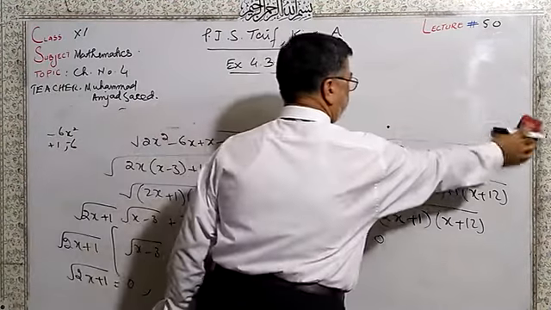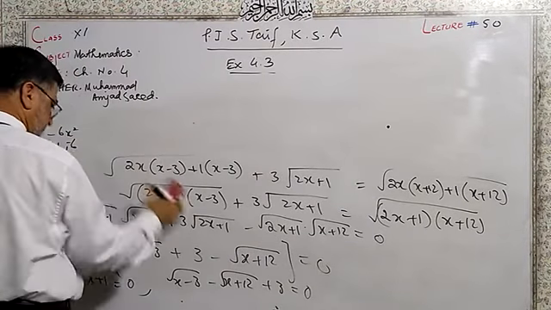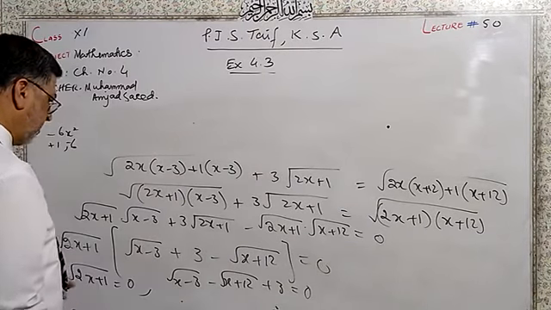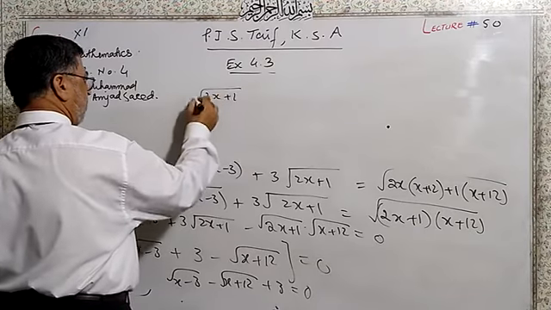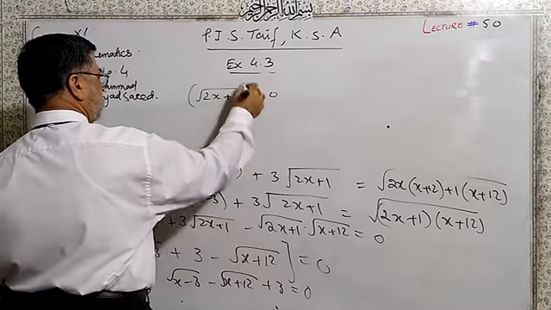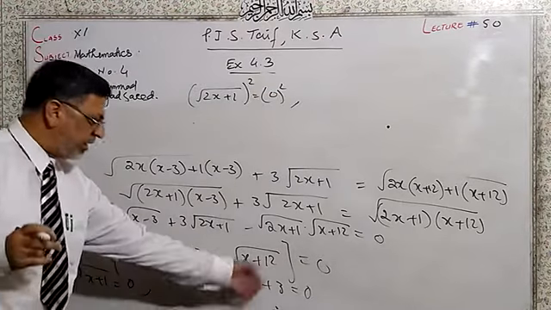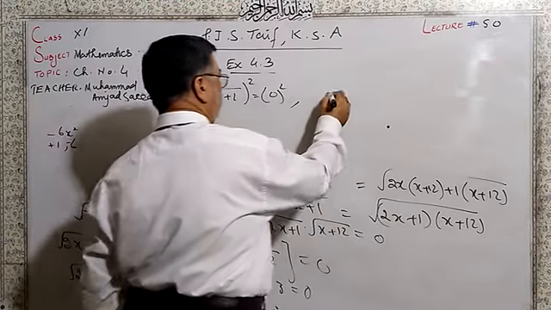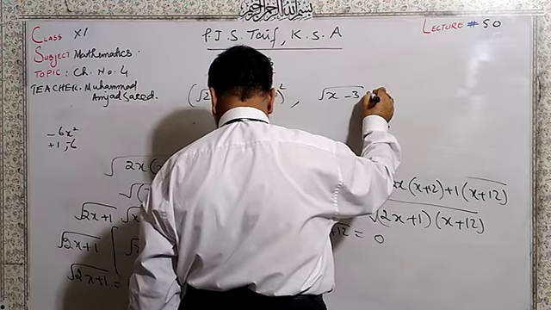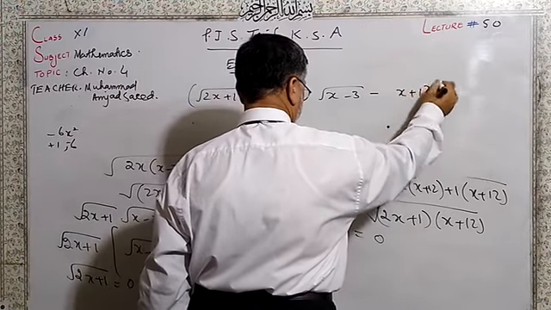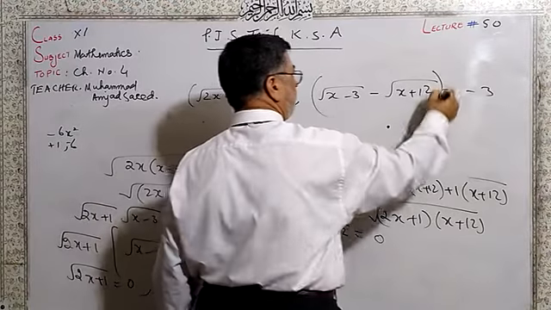So after that we have root of 2x plus 1 is equal to 0, squaring both sides. Similarly, you can take 3 on the other side. It will be root of x minus 3 minus root of x plus 12 is equal to minus 3, squaring both sides.